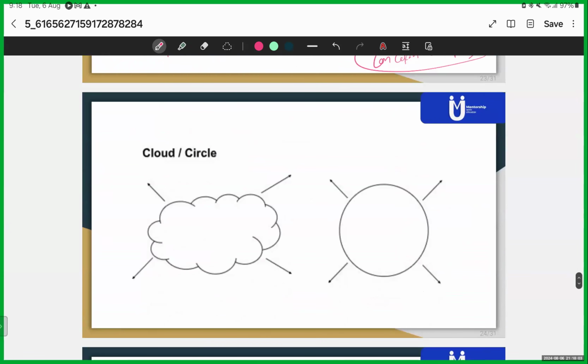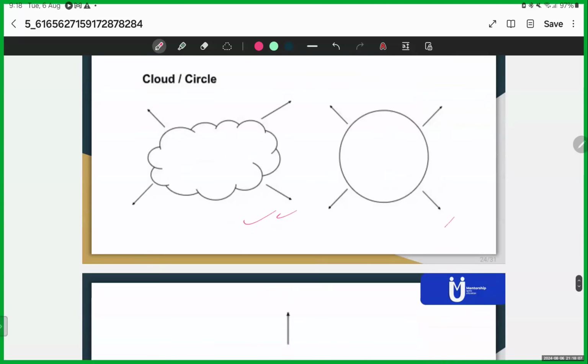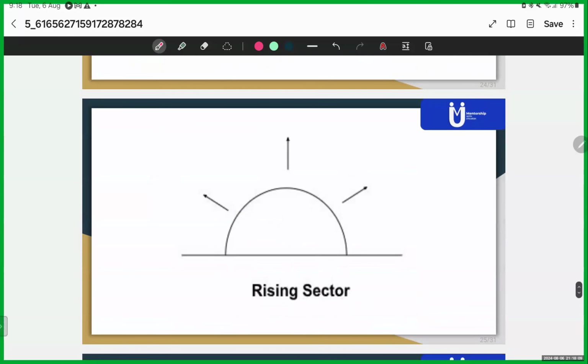Okay. Then the cloud circle format can be there. You can use these as diagrams, if nothing else. Rising sector: suppose you have to talk about, say, semiconductors. It gives a rising sun type of feel, right? So some innovation should be there.